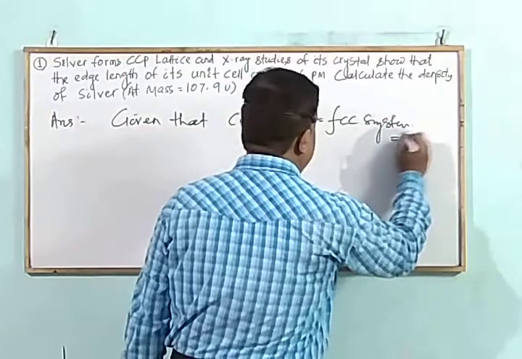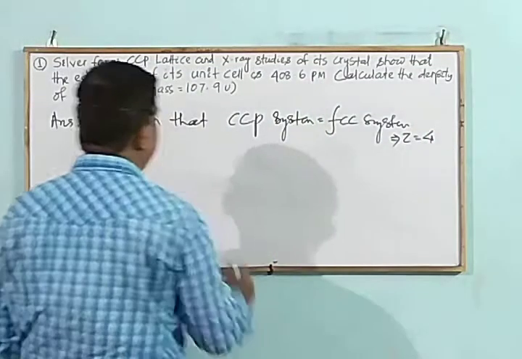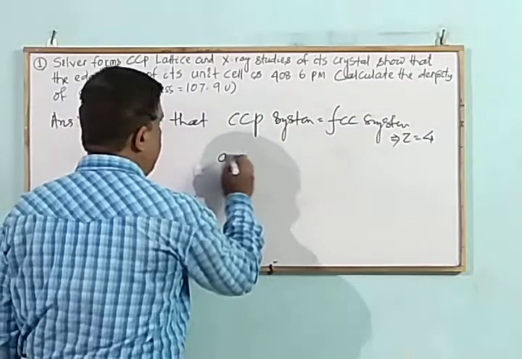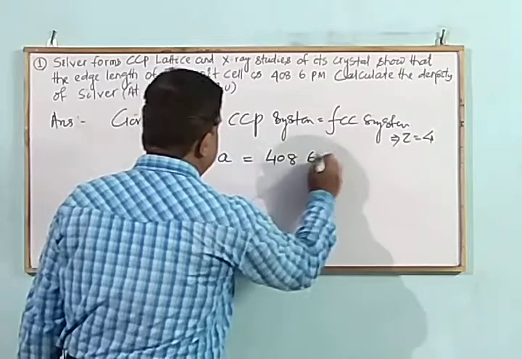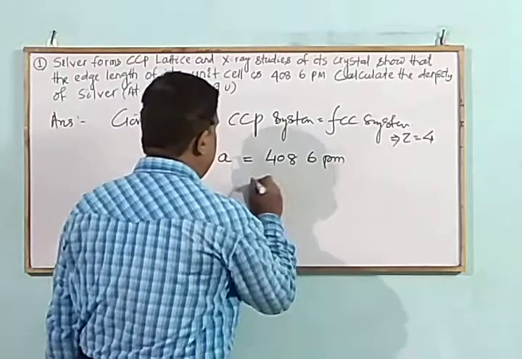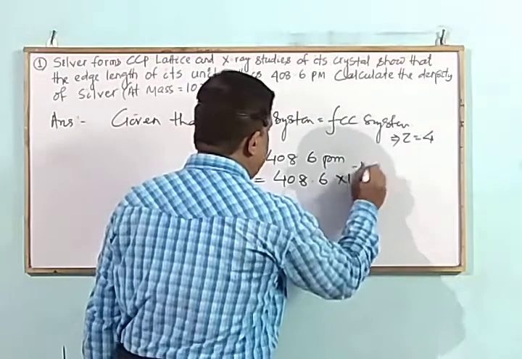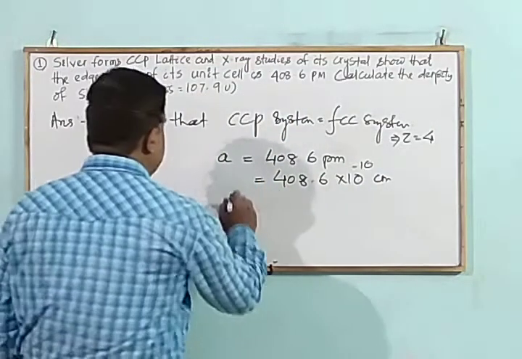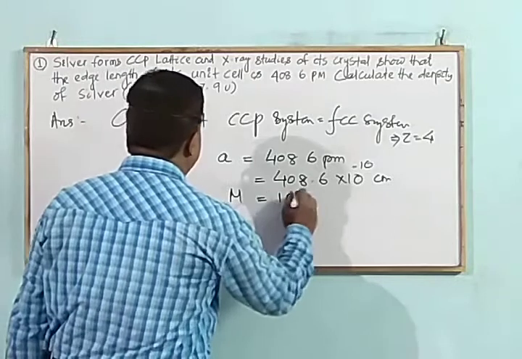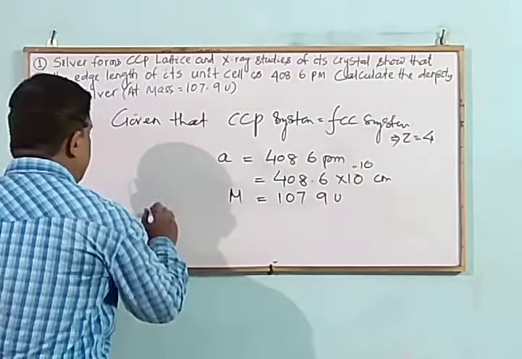That means Z is equal to 4, and the edge length of the unit cell, that means small a, is equal to 408.6 picometer, which is 408.6 into 10 to the power minus 10 centimeter. Next, the molecular mass M is given, that is 107.9.